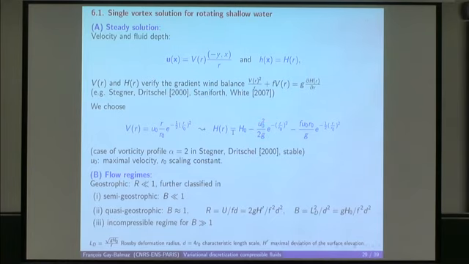To confront this with ordinary tests, we consider several regimes. In each of them, R is the Rossby number and B is the Burger number. The Burger number tells me how important the stratification is, and the Rossby number how important the rotation is.